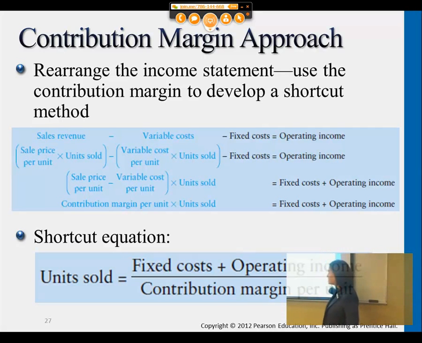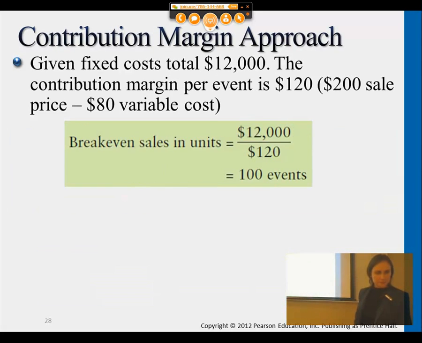The way to arrive at this equation is crazy, but once you have it, it's really easy to calculate. So that's all you need for your contribution margin approach. All right. You got it?